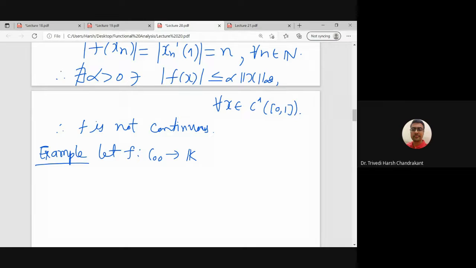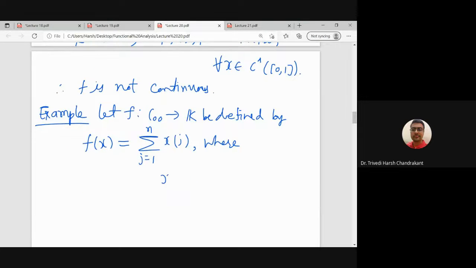Defined by f(x) equals the sum of all the coordinates of x. So what is x here? x is basically an element of c00, that means it is a sequence.